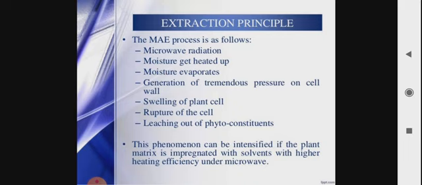So that process is called leaching out of the phytoconstituents from the plant material. This phenomenon can be intensified if the plant matrix is impregnated with solvent with higher heating efficiency under microwave. This is about the extraction principle.